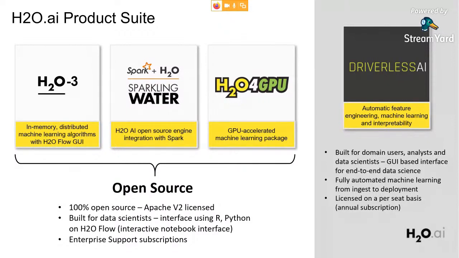They call that Sparkling Water. And then they have H2O for GPU. So these three products are basically open source products and widely adopted across those 18,000 enterprises across the world. And a subset of those have actually paid money for Driverless AI to the right, right? I think that's all I want to say on that slide.